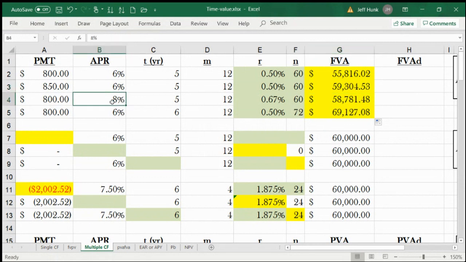Now, a third scenario, higher interest rate. Now, 8% may not seem very impressively higher than 6%, but in the banking industry, in the financial industry, a 0.25% difference is a huge difference, right?